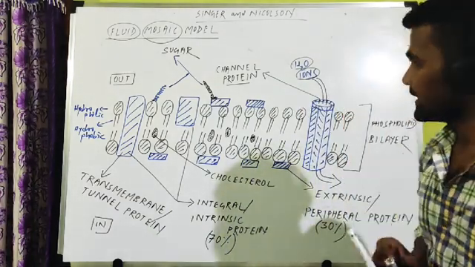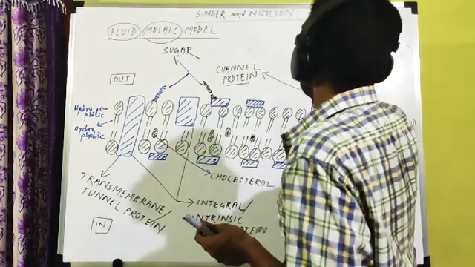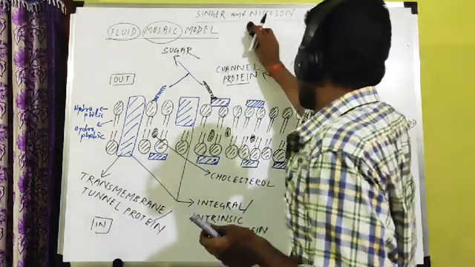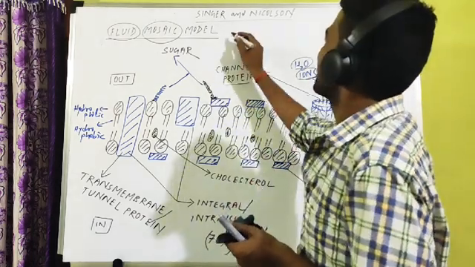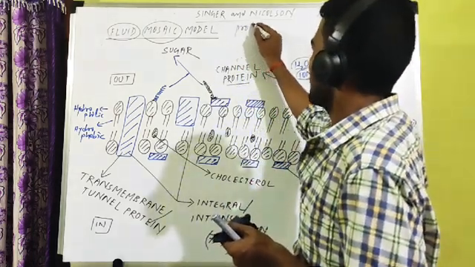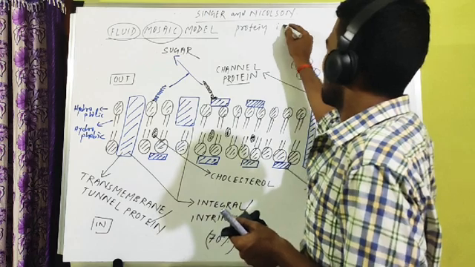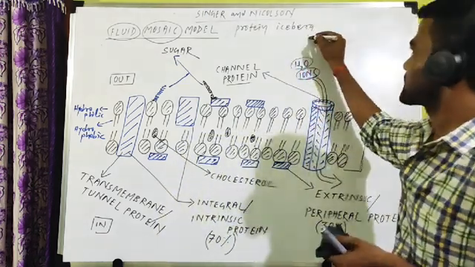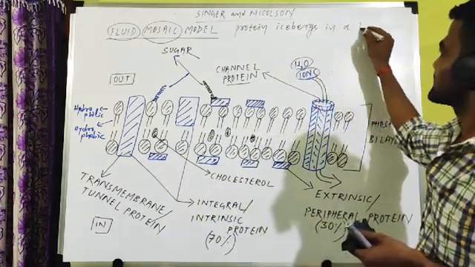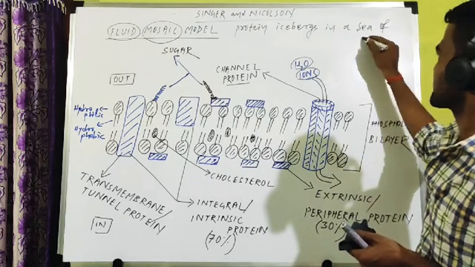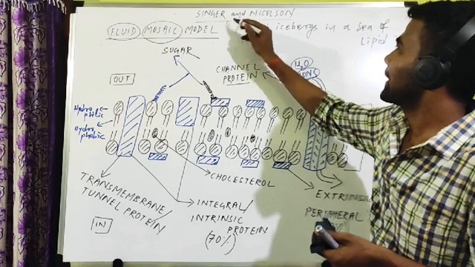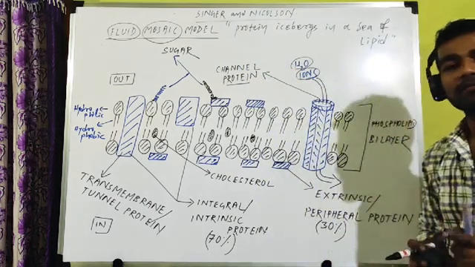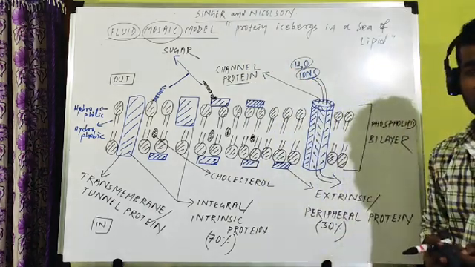They gave one sentence: the cell membrane is a protein iceberg in a sea of lipids. According to Singer and Nicolson, protein icebergs in a sea of lipids. This sentence often comes as a question.